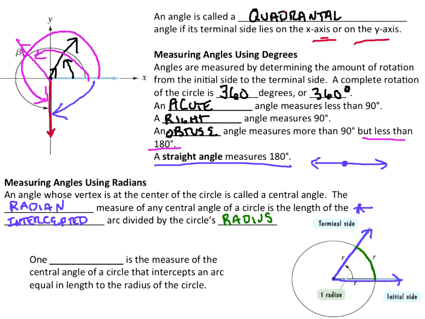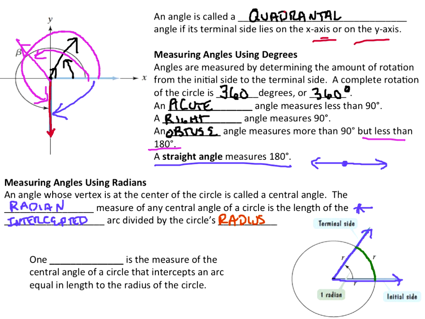Let me rewrite that in a different color. Let's see, orange. Orange is a color I haven't used, so we'll say radius here.